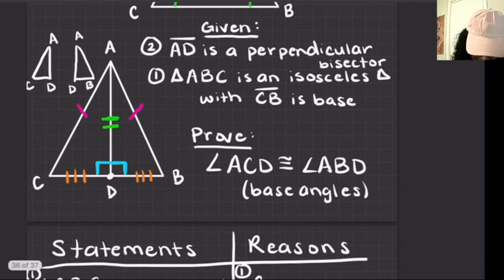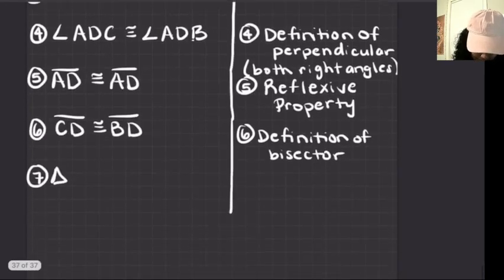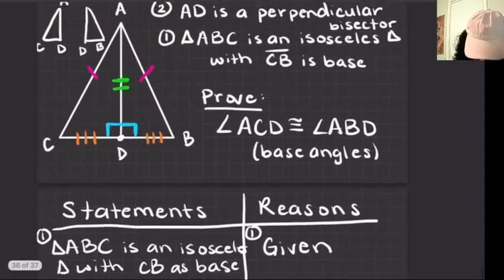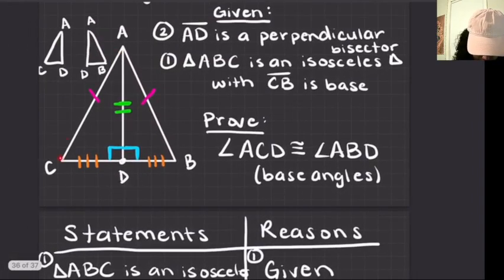Okay. And finally, my last statement, well, my almost last statement actually. Now I can say that triangle ACD is congruent to triangle ABD, ACD, ABD. Okay, and to clarify this, make sure when you're naming the congruent triangles that you're passing in the same exact order.